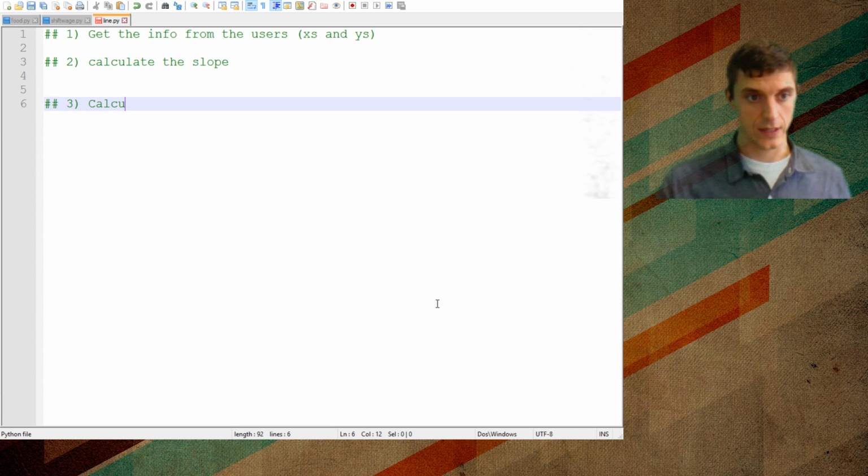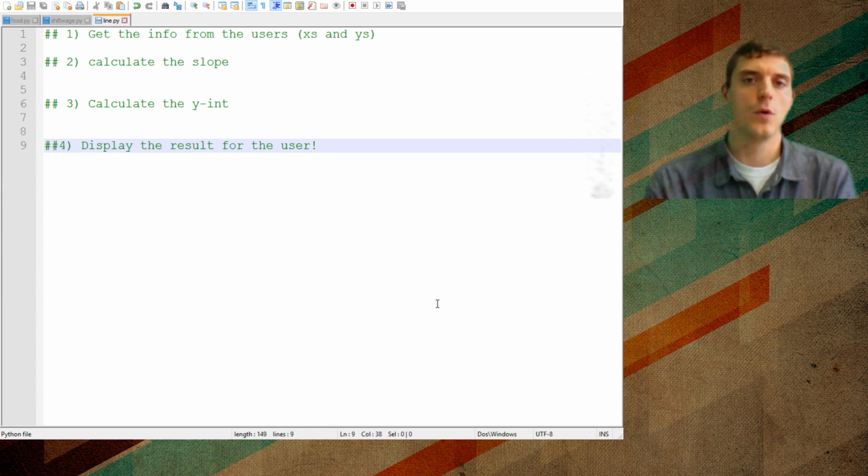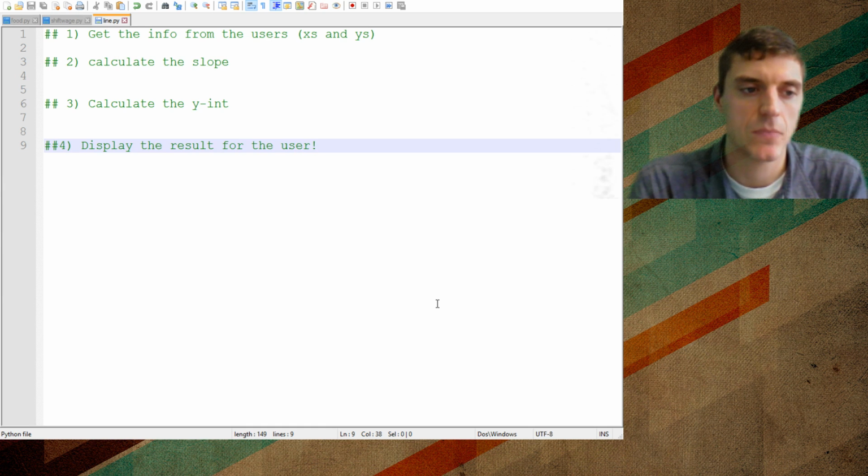I'm going to calculate the y-intercept. Last but not least, I'm going to display the result for the user. Okay? So those are the 4 basic steps, and it's how we would start every single project.